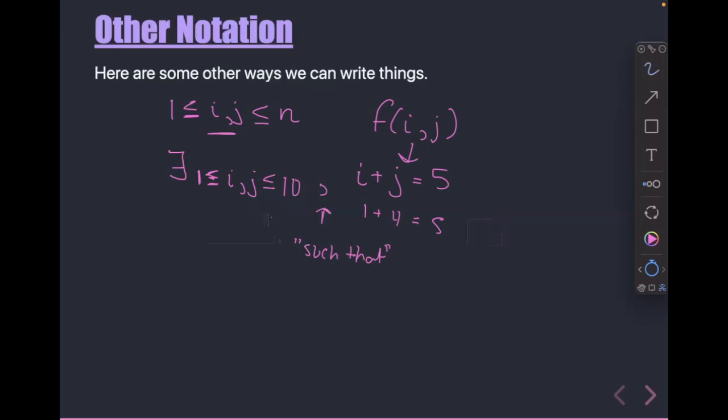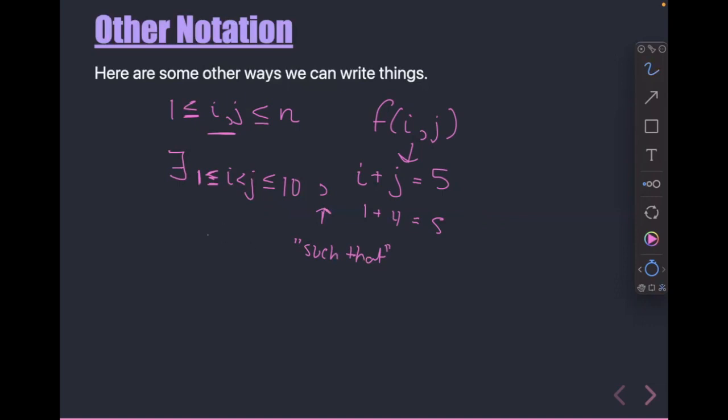Similarly, if I wanted to be even more strict about the relationship between i and j, maybe I want to make it so that i is less than j. I can write that within here too, to be even more specific if I wanted to add that requirement, which you'll see for proofs might be useful.